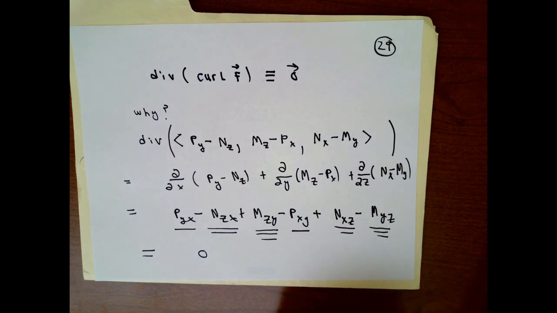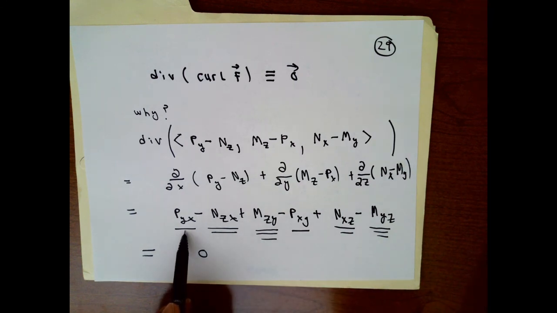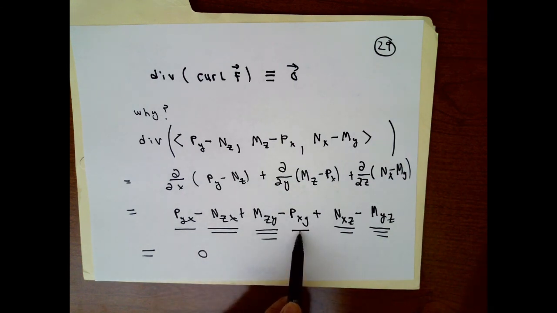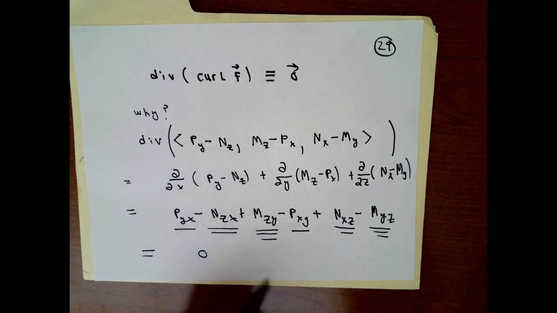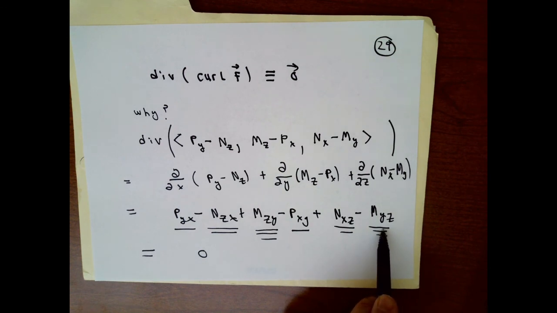Assuming the derivatives are continuous, this one and that one are equal to each other, so they cancel out. I have this one and that one being equal to each other.